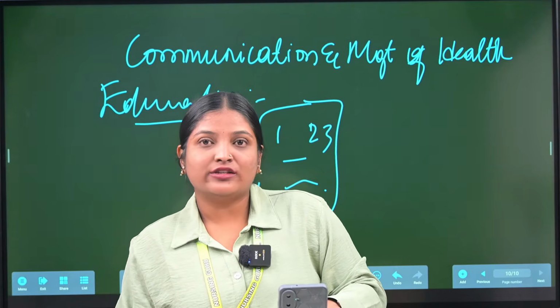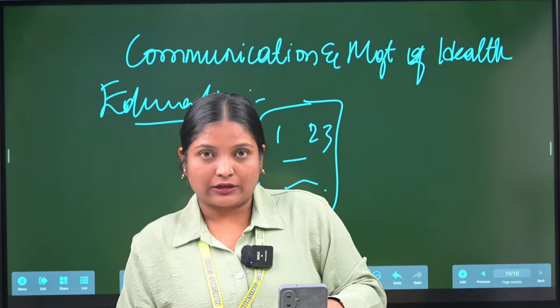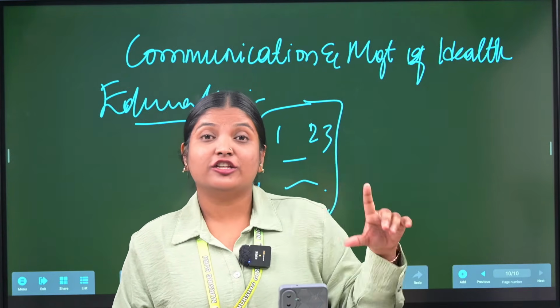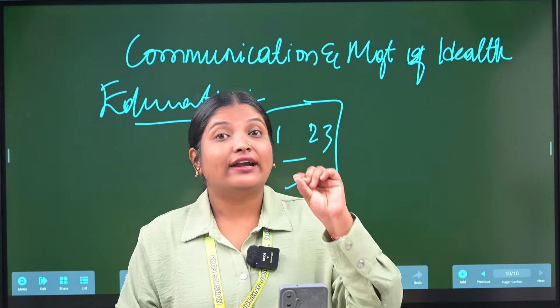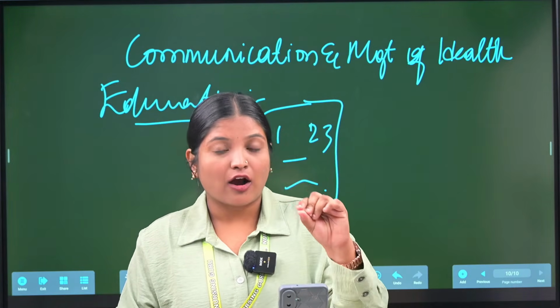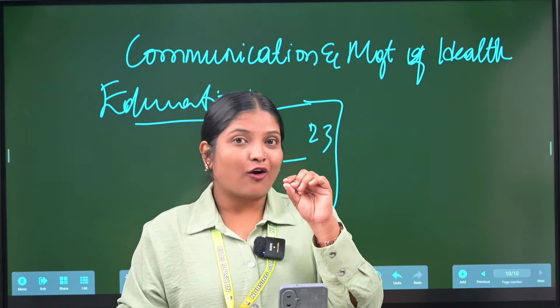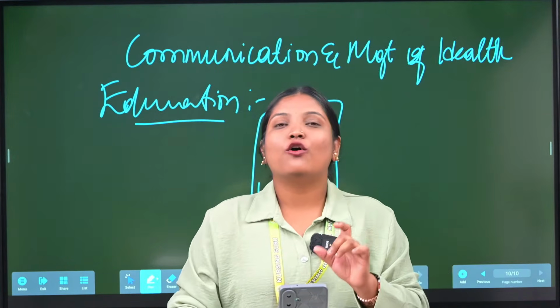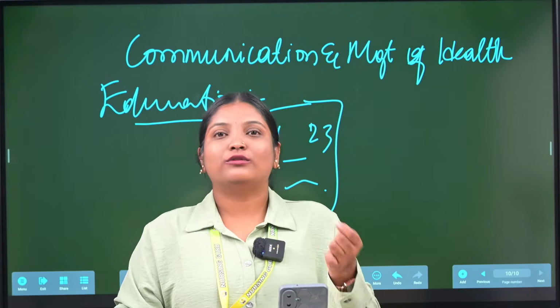We use it for checking urine sugar and albumin, and they may ask that entire procedure. Remember the quantity: how many ml of Benedict solution you use and how many drops of urine you put into it.